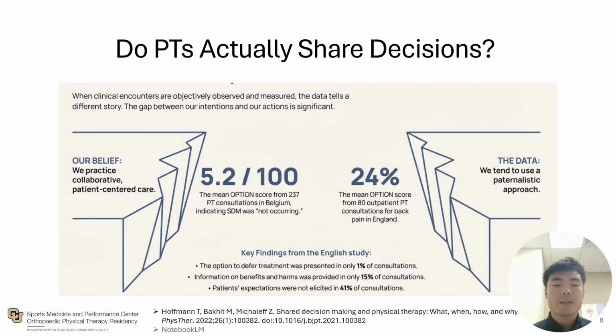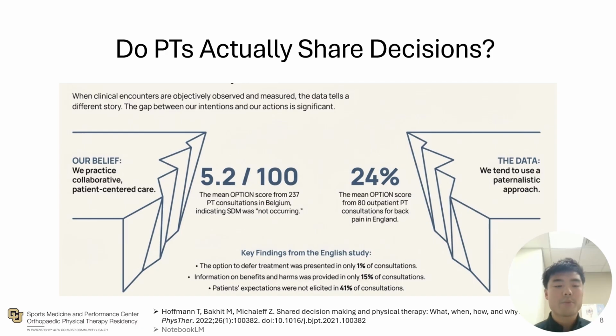Physical therapy is ideal for shared decision-making because so many of our decisions are preference sensitive, meaning that they rely on the patient's subjective reporting on their preferences, right? Do you want to work on some more manual therapy today, or do you want to exercise? What is the intensity of the treatment? What's your RPE? How are you feeling, right?